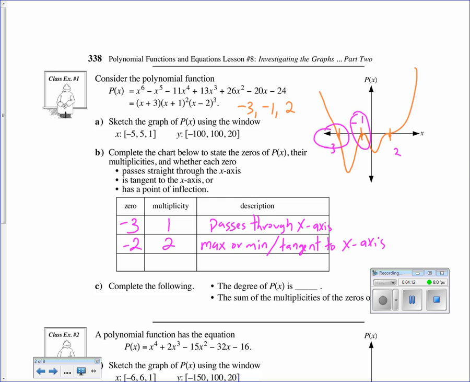The x-axis creates a tangent line. In the particular case of -2, I actually have a local maximum. It peaks and then goes back down. And then at 2, I have a multiplicity of 3, and that's called a point of inflection. So language we want to get used to, point of inflection.